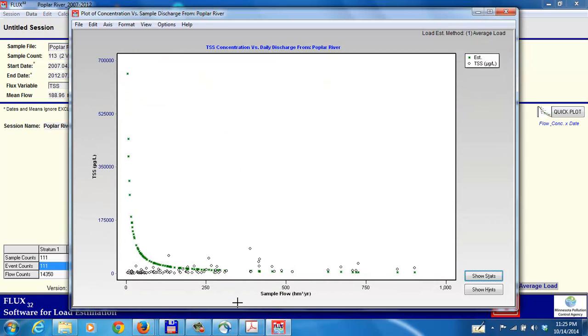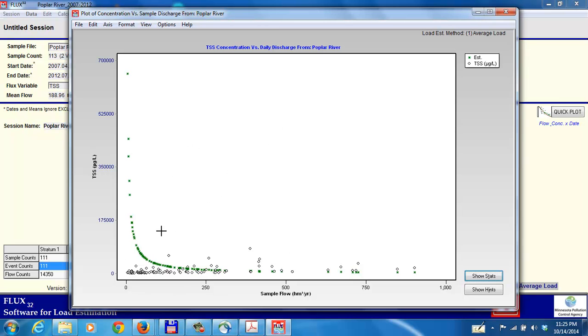The TSS is plotted on the vertical axis, sample flow is plotted on the horizontal axis, and the open diamonds are the sample data. And we can see that the method 1 estimate gives you an inverse relationship between TSS and sample flow. So concentration goes down as flow goes up. If you read about method 1, you'll see that that's basically what method 1 assumes, that the concentration does go down as flow increases.